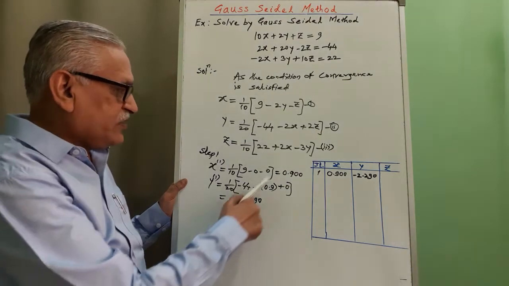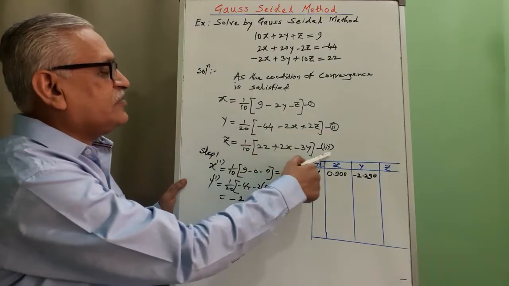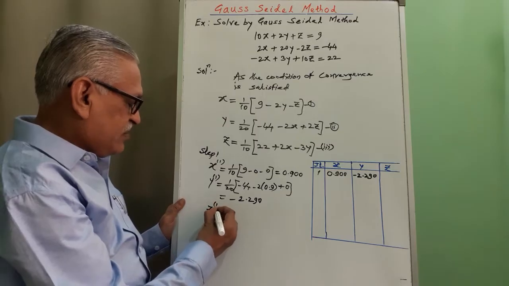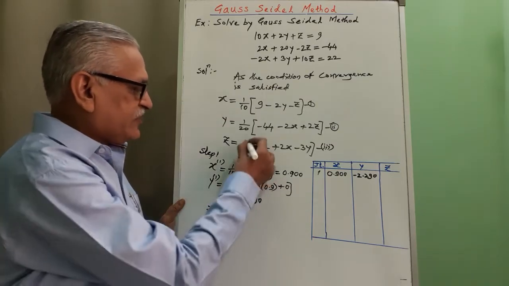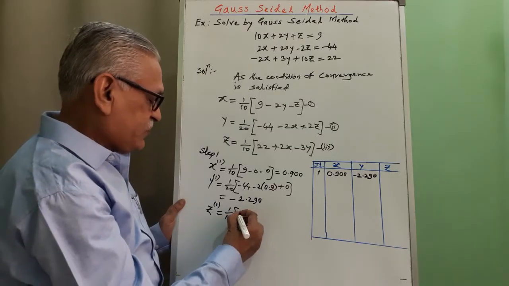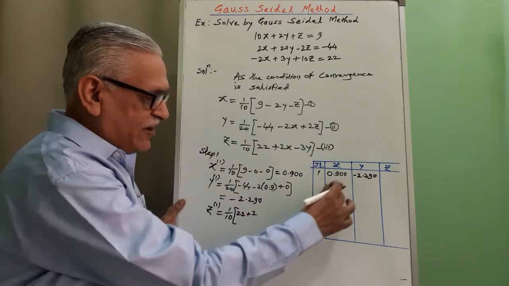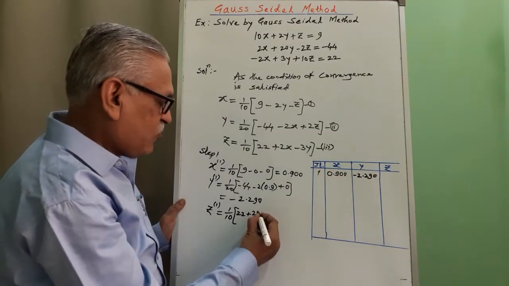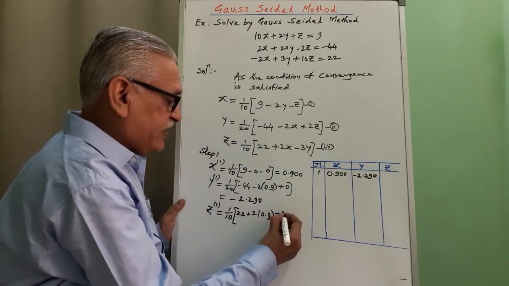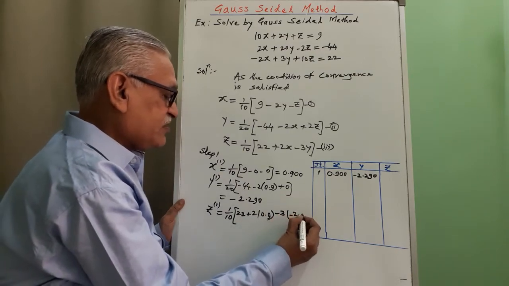Then using these two values x and y in equation number 3, we get our first approximation for z as 1 by 10 times 22 plus 2 into x, the new value of x is 0.9, and minus 3y, the value of y is minus 2.290.